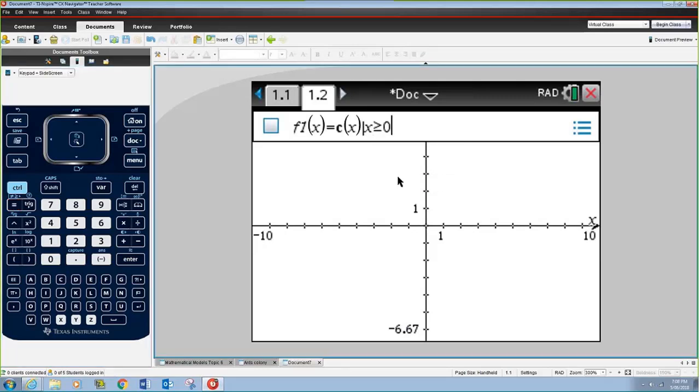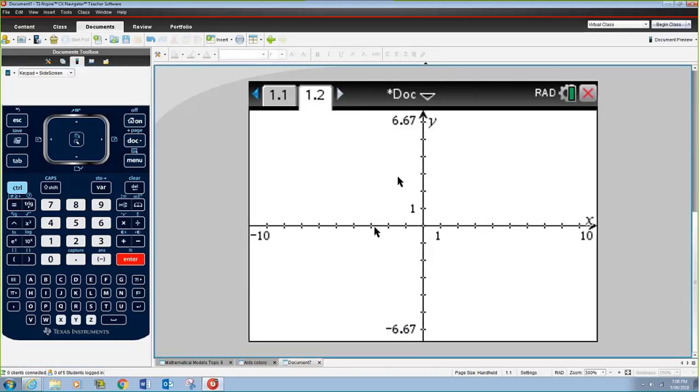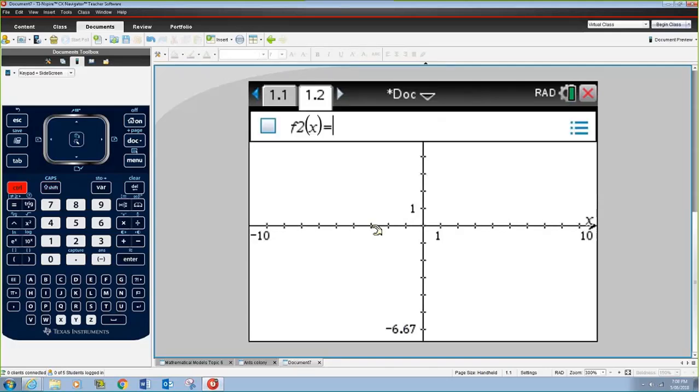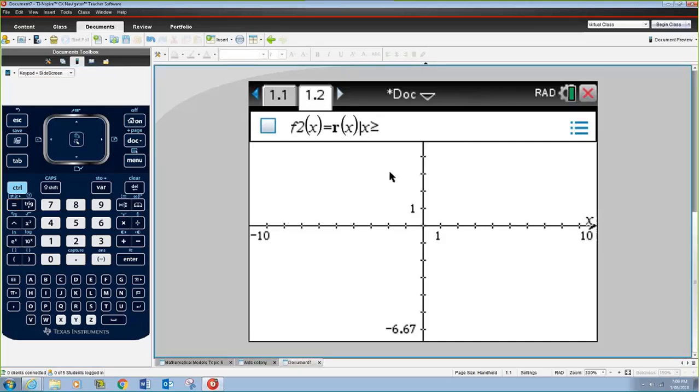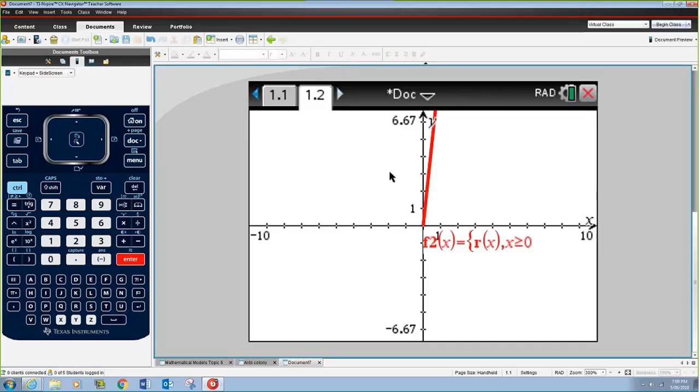Won't see anything because we need to adjust the graph, but let's open it again and put the revenue function here, and similarly we would restrict the domain because it only makes sense in this context when X is greater or equal to 0. And again, we see a bit of the function here.